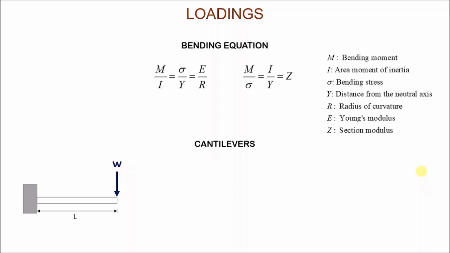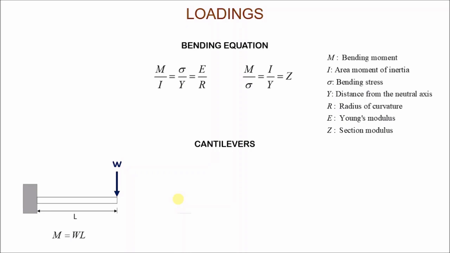So if we have a beam here that's got a length L, and we have a point load that's got a magnitude of W acting at the free end of the beam, then the moment of resistance, M, is going to be equal to W, the magnitude of the point load, multiplied by the length of the beam.